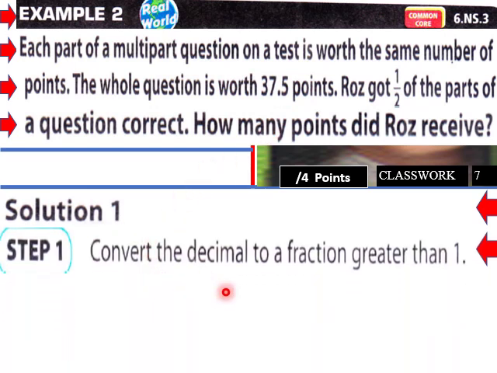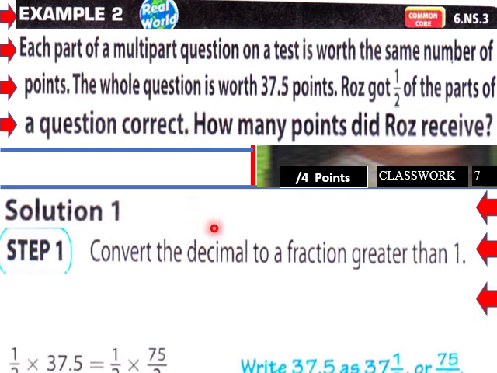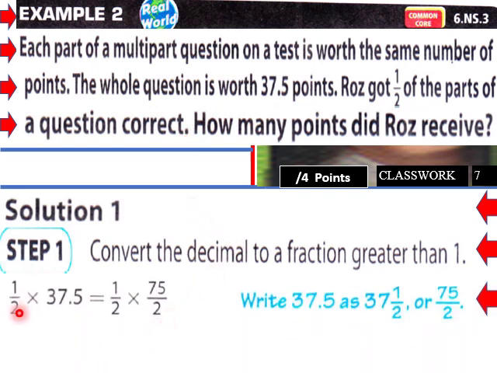So solution 1 would be step 1, convert the decimal to a fraction greater than 1. So how do you convert this into a fraction? 1/2 times 37.5 would equal 1/2 times 75 over 2. 37.5 is 75 over 2. 2 times 37 is 74, plus 1 over 2 would be 75 over 2.